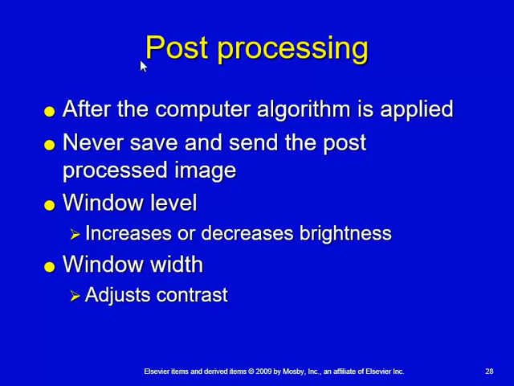So that process is automatic rescaling. And then you get your image. And that image is not the raw data, but the image that has been processed against the computer algorithm, is what needs to be sent to the radiologist.